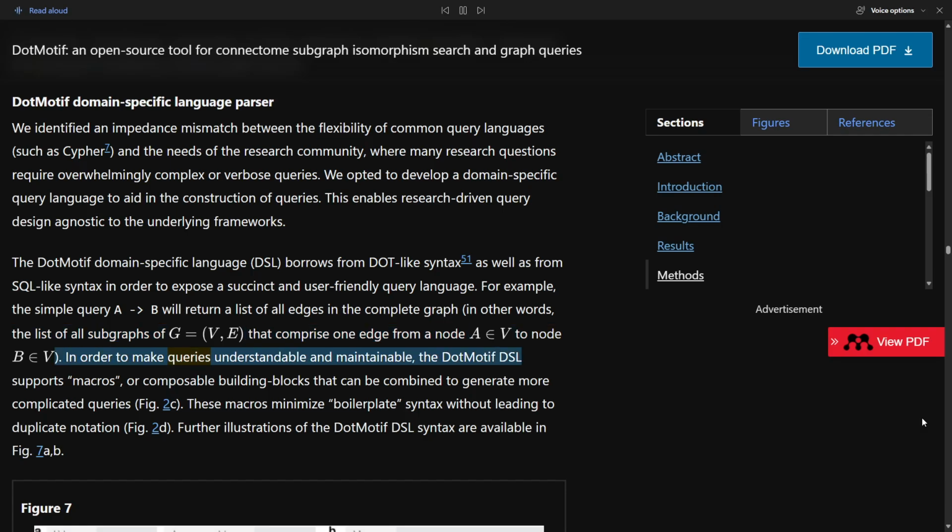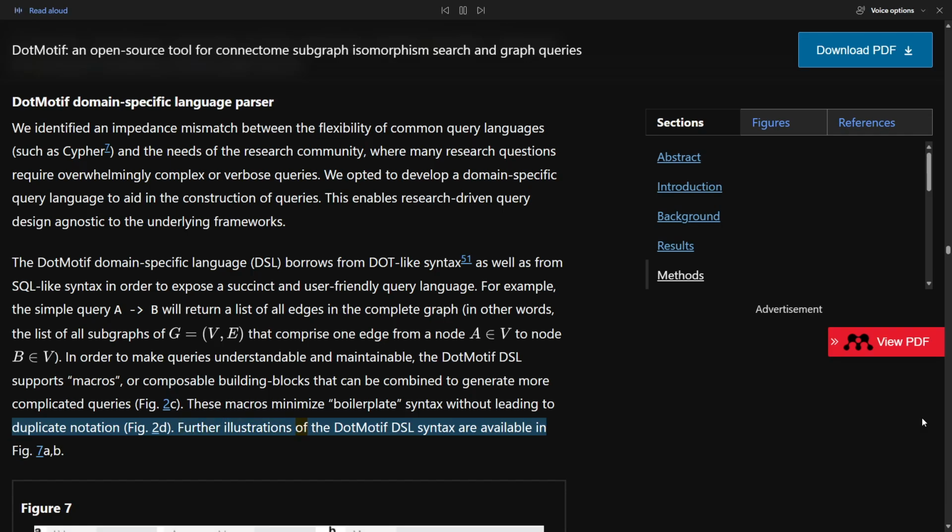In order to make queries understandable and maintainable, the DotMotif DSL supports macros, or composable building blocks that can be combined to generate more complicated queries, Figure 2c. These macros minimize boilerplate syntax without leading to duplicate notation, Figure 2d.